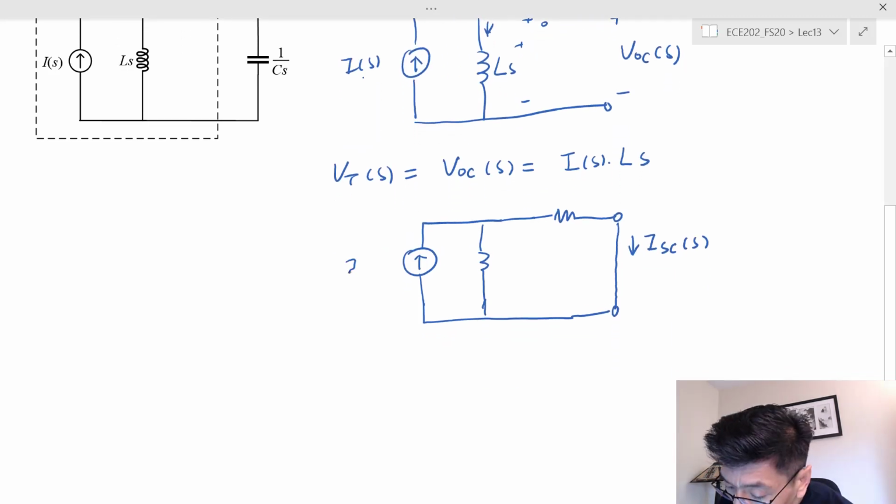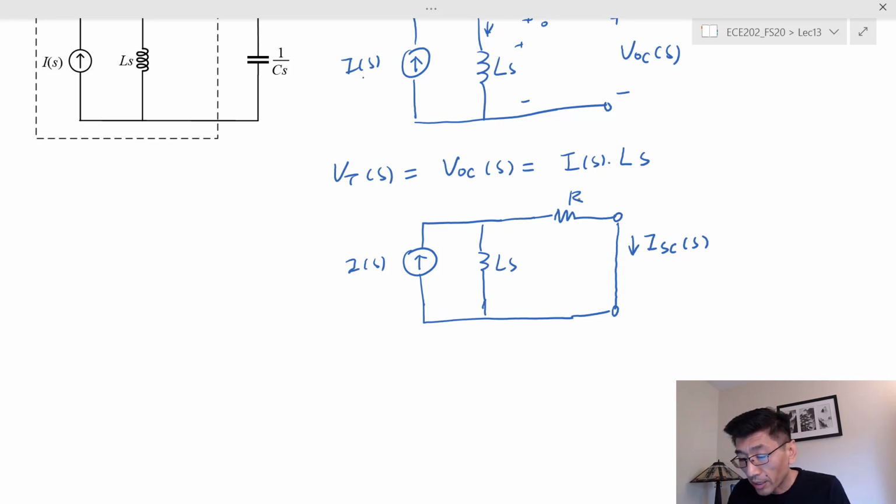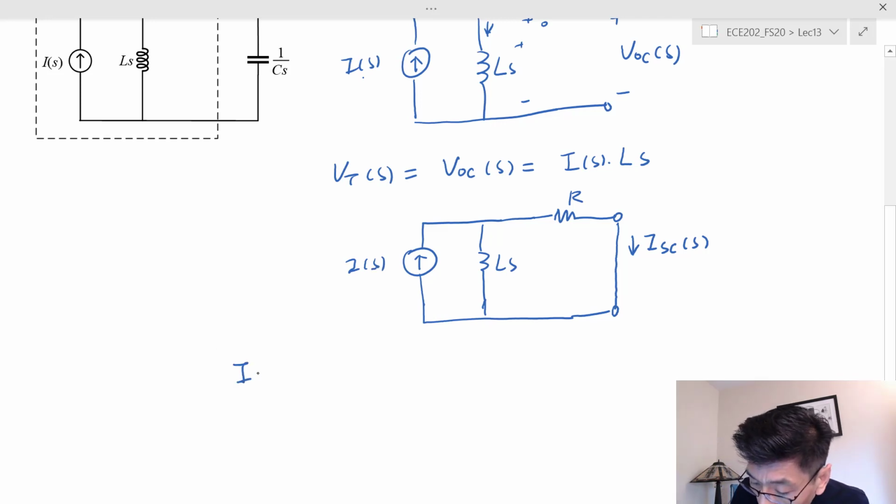So we still have I_S here, and in this case I have L_S, I have R here. In this case, this I_SC(s) is just the current through this resistance, and we can use the current division, right? So in this case, I_SC(s) is equal to the current division.